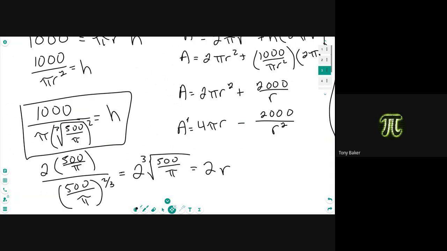Technically all the way to infinity for my radius. As you're getting closer and closer to 0 for the radius, your height gets infinitely large to make the can still hold the liter, and the same thing on the other end of it. So since the domain is from 0 to infinity, we do not have any other restrictions on this one.